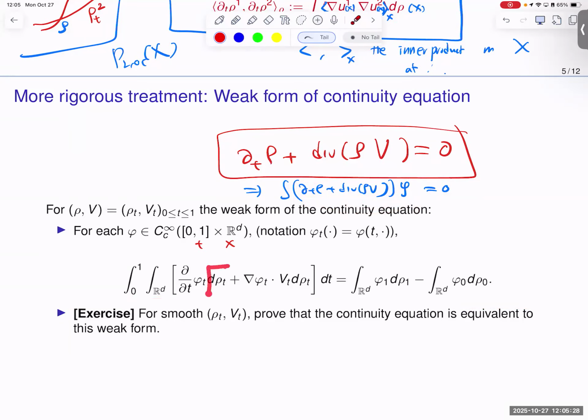So here is rho, and v doesn't carry any derivative anymore, but the derivatives over here are on the test function. Okay, I hope that's clear. Which one?